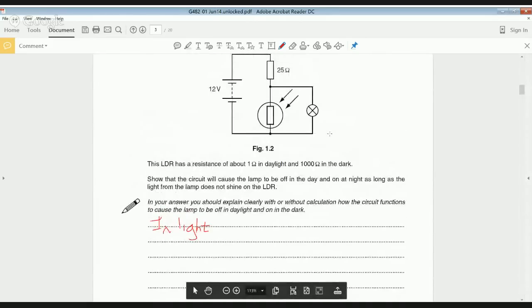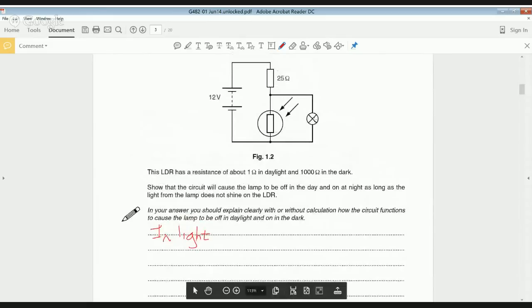We can't look at this as a potential divider circuit straight away because we don't know what the combined resistance is here. We do, however, know that the resistance of this lamp, when the current's very low, we know from the first part of the question that it's 10 ohms. And when the voltage is much higher, so when the lamp's on, the resistance is increased to about 25 ohms.